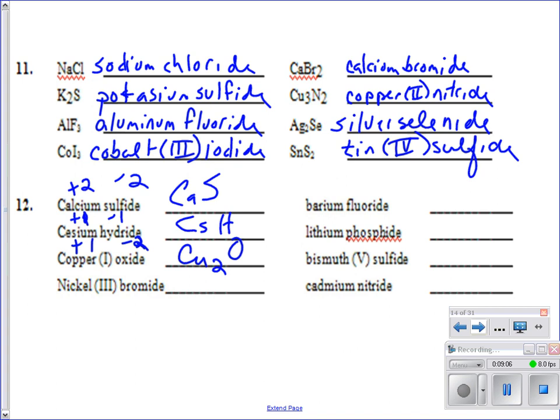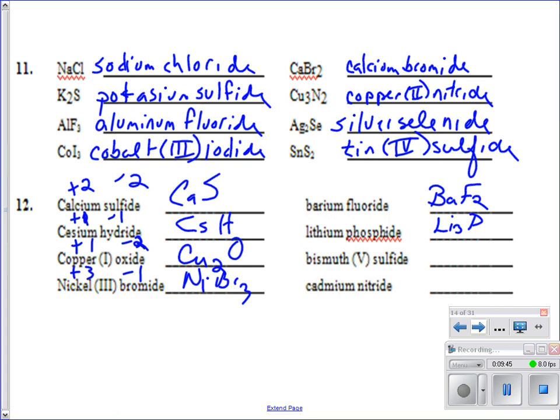Nickel 3 bromide. What's the charge on nickel 3? +3. What's the charge on bromide? -1. Okay, so what's nickel 3 bromide? Okay, what would be the formula for barium fluoride? BaF2. Lithium phosphide. Li3P.